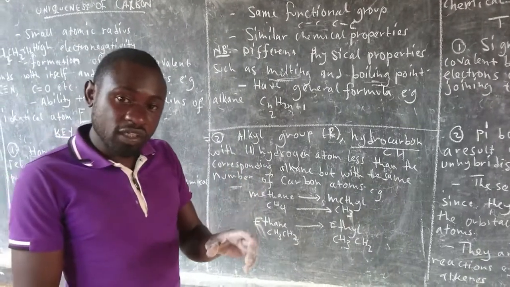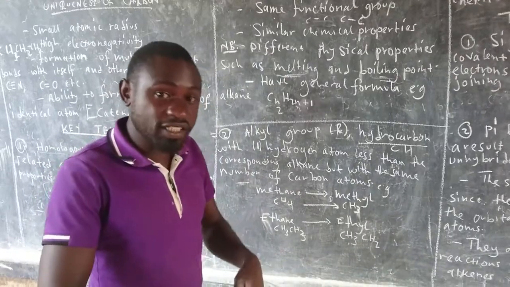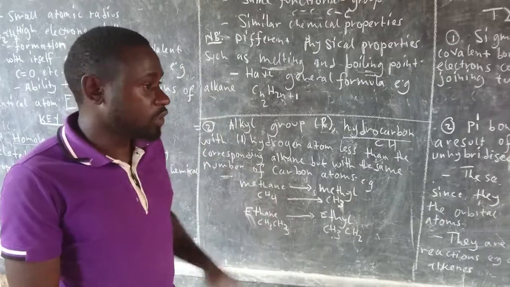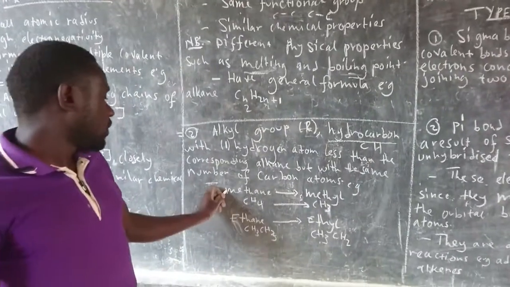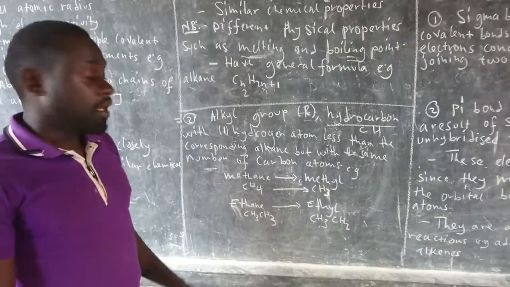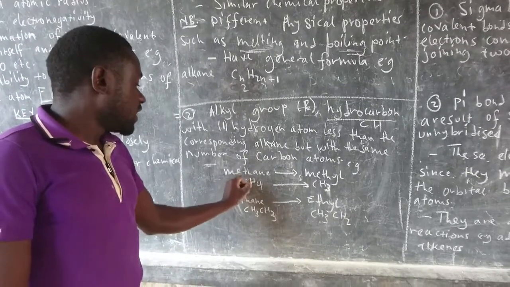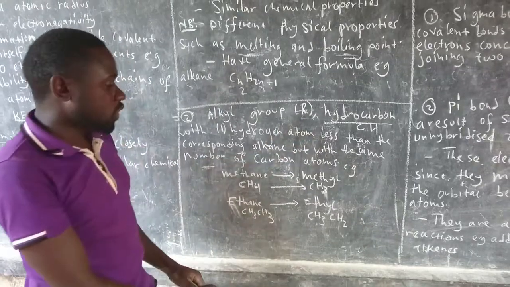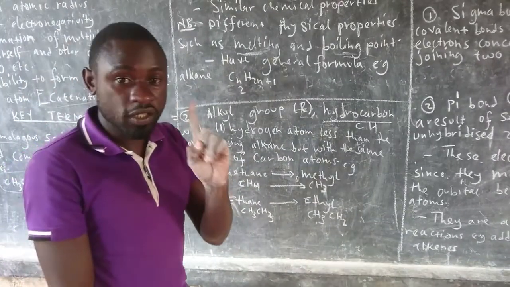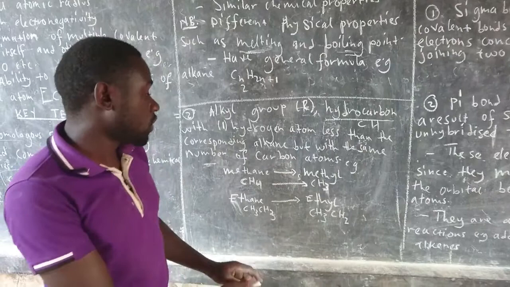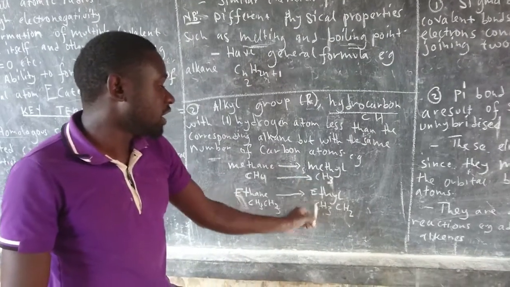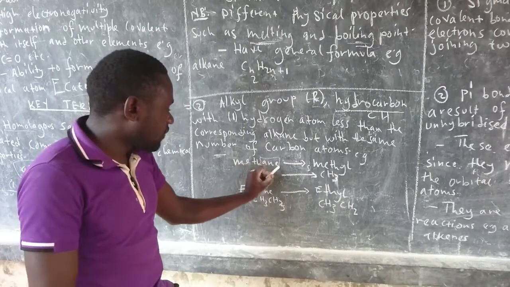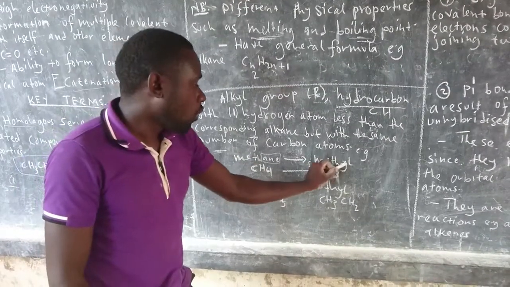The number of carbon atoms remains the same, but we subtract one hydrogen atom from the corresponding alkane. A good example is methane. Methane is CH4, with 4 hydrogen atoms. But according to the definition, we subtract one hydrogen atom, so it becomes CH3, which we call methyl, whereby where there was the suffix AN, we add YL.